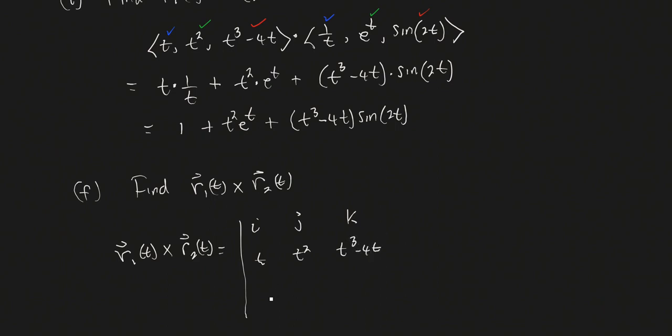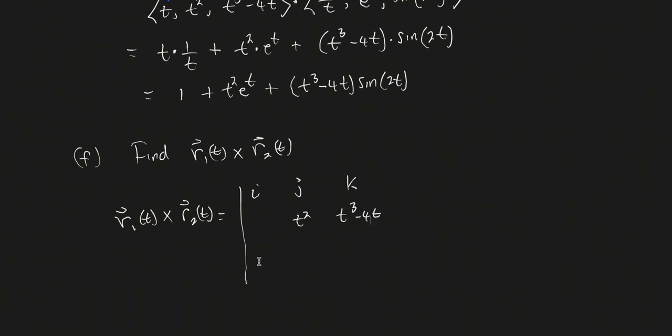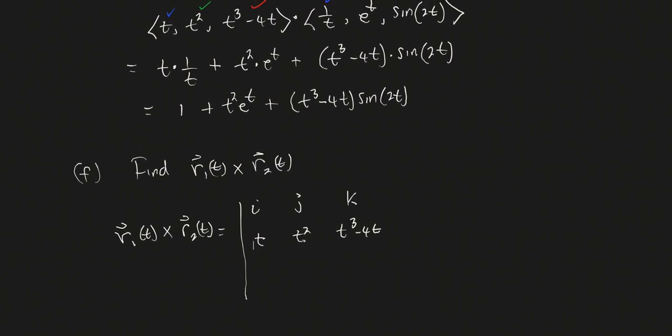I don't know what happened to my t here. So there we go, t. And then components of R2, they will go in the third row. So we have 1 over t, and then e to the t, and then the sine of 2t.